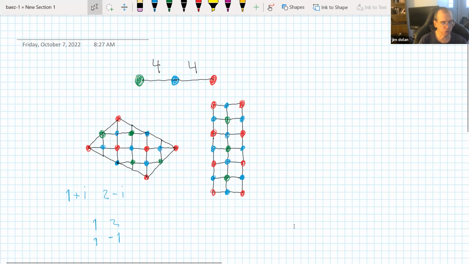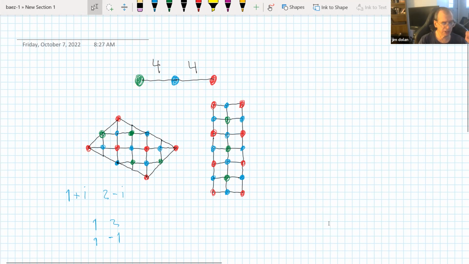So I decided on 2 plus i. 2 plus i is a factor of 5 in the Gaussian integers, so you can tell that it's relatively prime to 3. Sorry, where is this 5 coming from? Well, my pseudo-random choice of something relatively prime to 3 was 2 plus i.